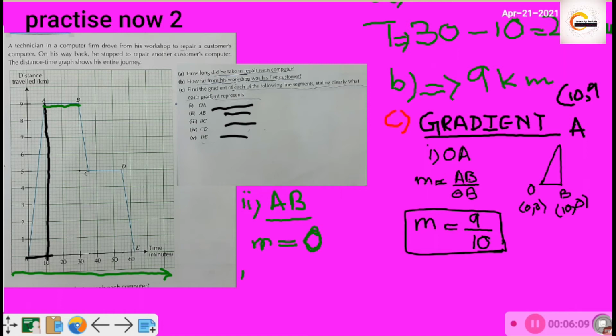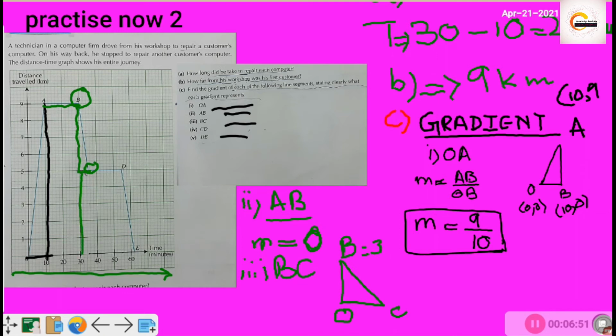Now for BC, I will drop a line from point B and make a right angle triangle. I am going to do it separately. So the right angle triangle is going to be BOC, and I will write separately the coordinates of each point.